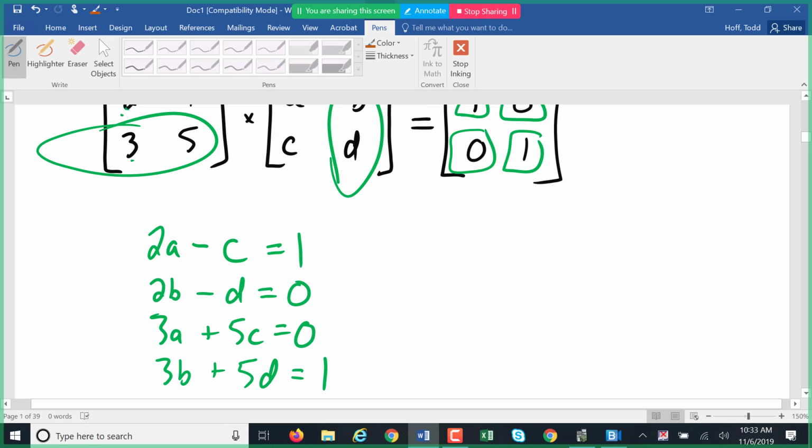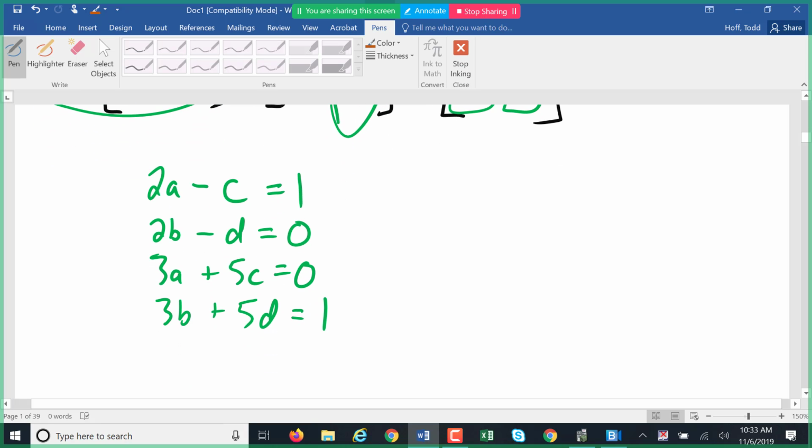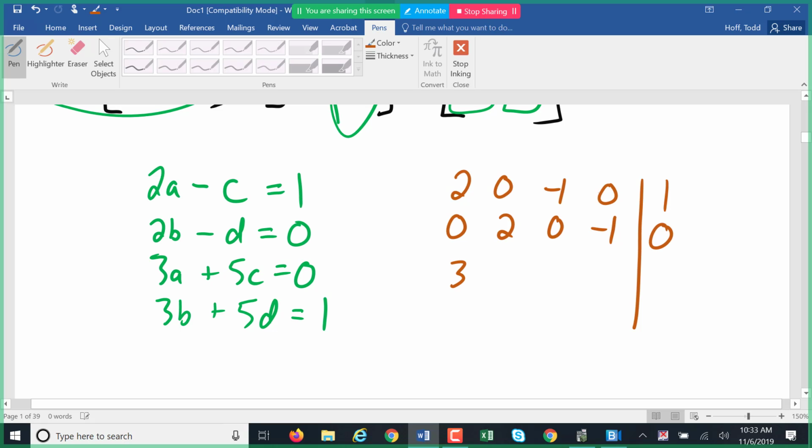So this system of equations here must be true. I've got 2, 0 for B, -1 for C, 0 for D, augmented with a 1. 0 for A, 2 for B, 0 for C, -1 for D, augmented with a 0. 3 for A, 0 for B, 5 for C, 0 for D, augmented with a 0. 0 for A, 3 for B, 0 for C, and 5 for D, augmented with a 1.